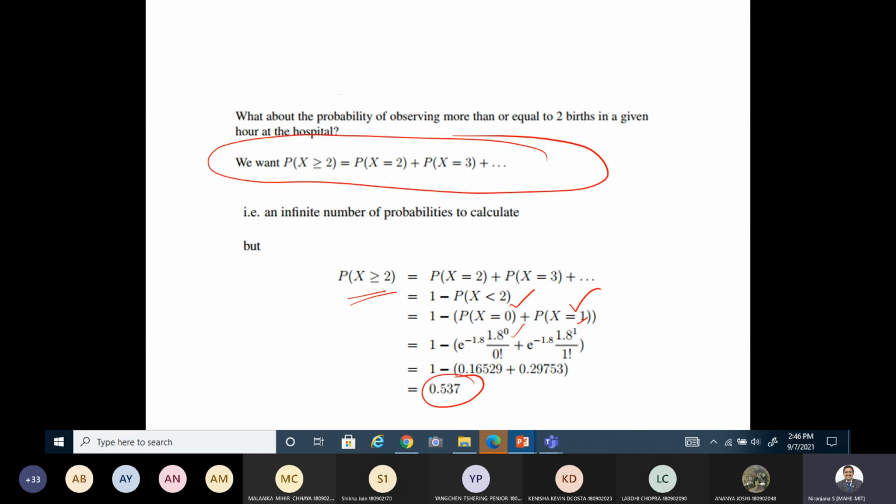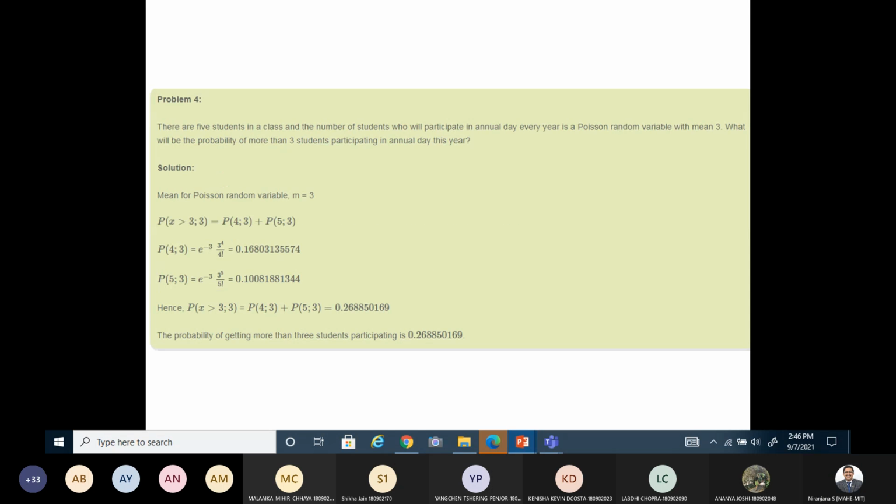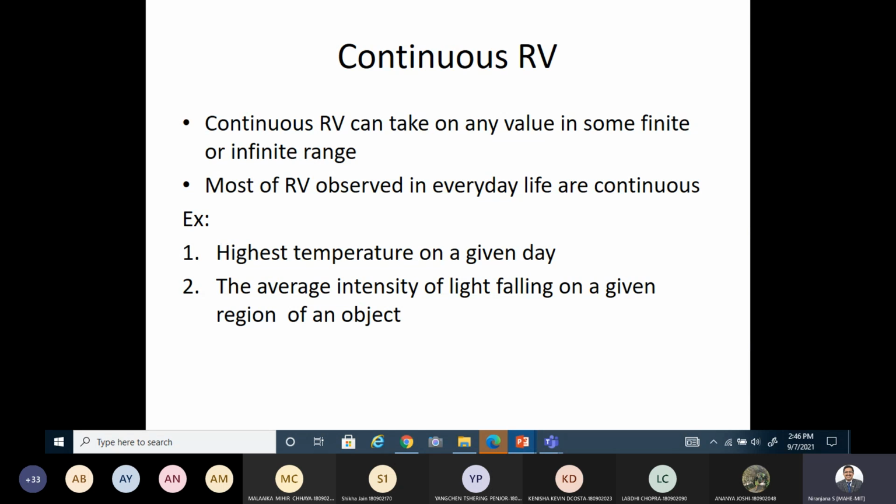So some kind of probability estimation is possible here. The distribution also can be visualized at some stage if required. Similarly, one more problem of a similar kind is given. You can just go through it.